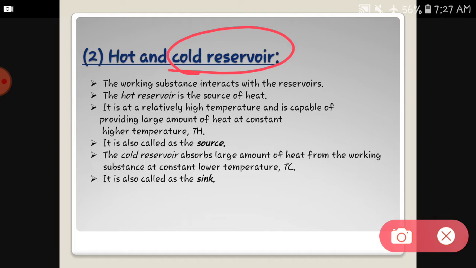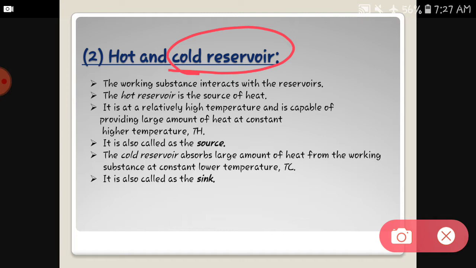So the cold reservoir absorbs a large amount of heat from the working substance at lower temperature, which is TC, temperature lower, for the cold reservoir. That's why we call it TC, and it is also known as sink. So the hot reservoir is known as source and the cold reservoir is known as sink.